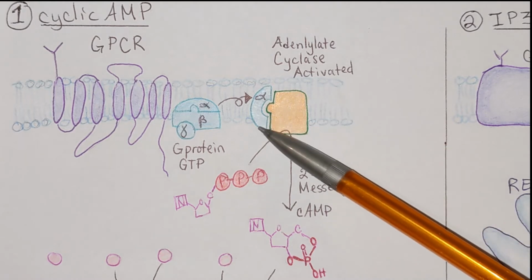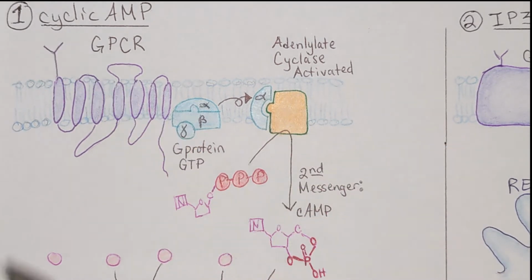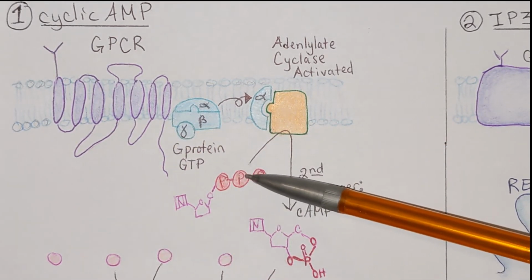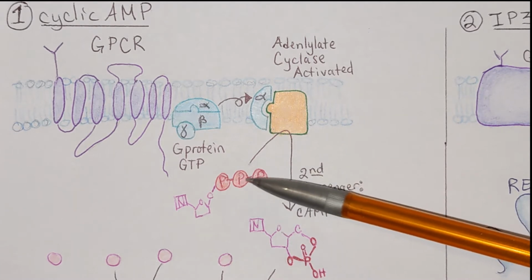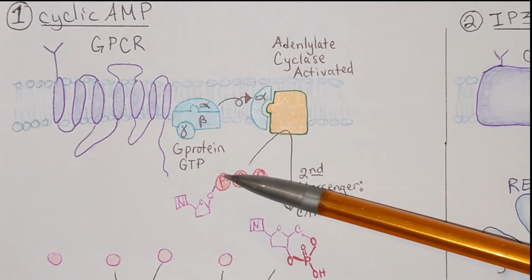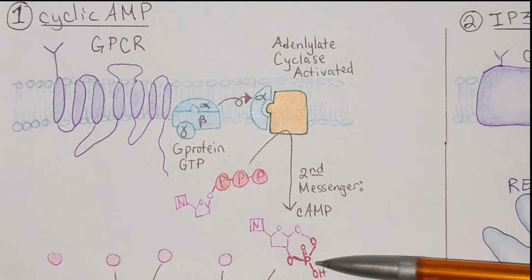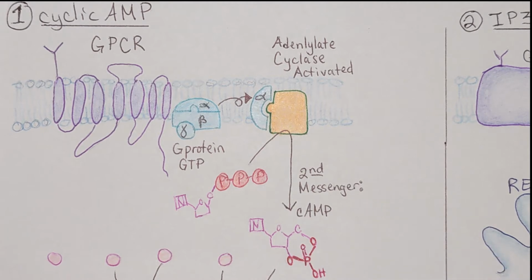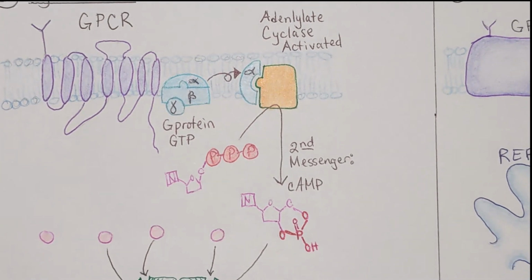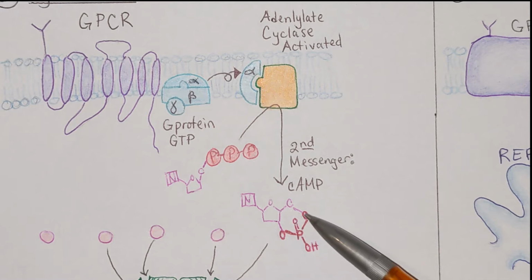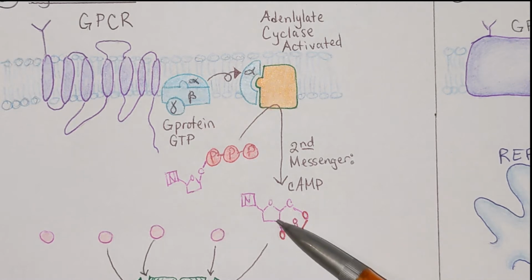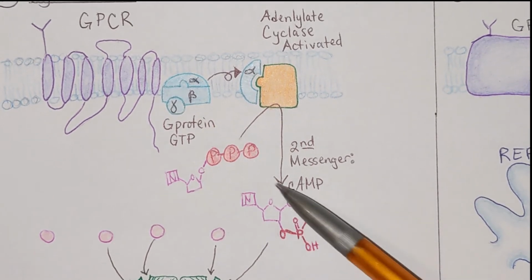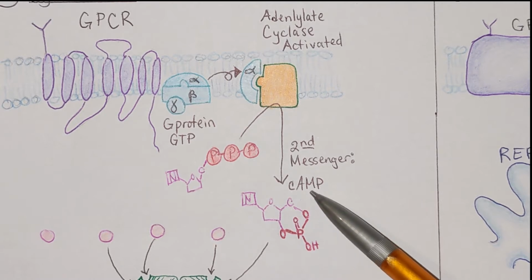Adenylate cyclase, once it is activated ultimately by the binding of the hormone, is going to remove the outer 2 phosphate groups, and this final phosphate is going to bind to the sugar molecule not just once, but twice. And so as we can see here, a phosphorus surrounded by 4 oxygens and bound to the sugar molecule of what was previously the ATP. Therefore, this molecule is called cyclic AMP.